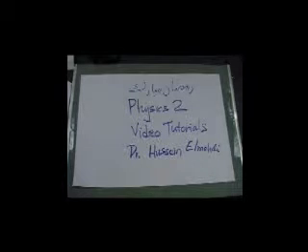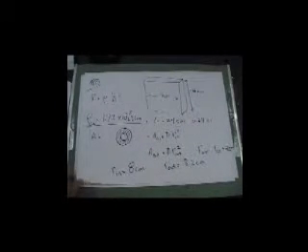Let me do question number 13, and then just to make these videos short, I'll break and move on to video number 2. This question is not tricky, but you just have to know what you're doing.